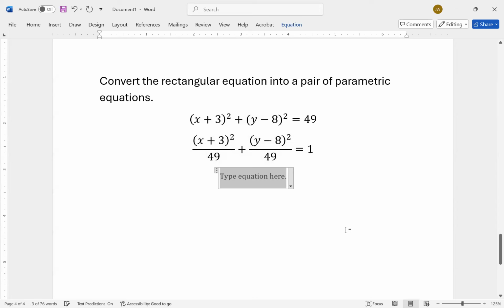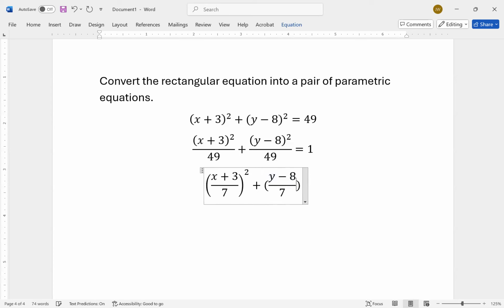Therefore, I can rewrite that equation as a fraction like (x plus 3 over 7) quantity squared plus another fraction being squared. That fraction being squared is (y minus 8 over 7), equal to 1.